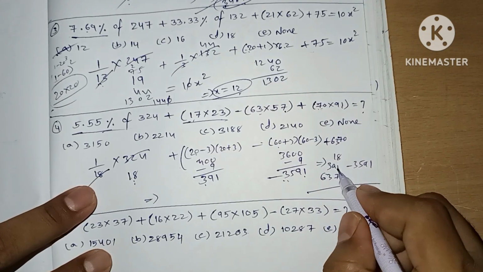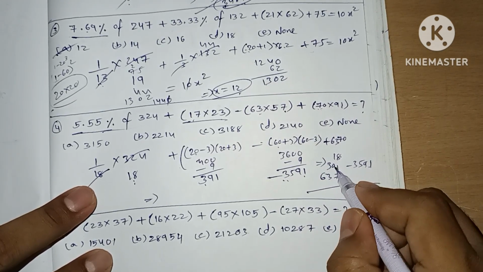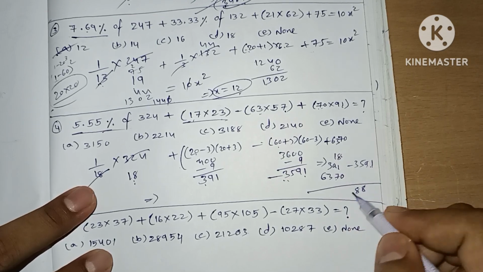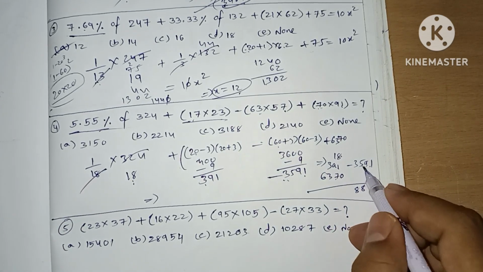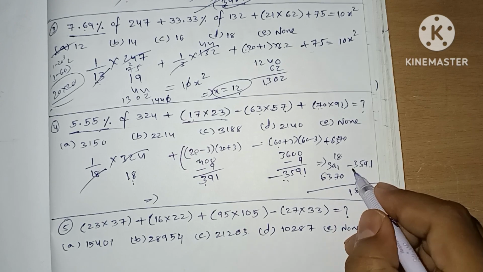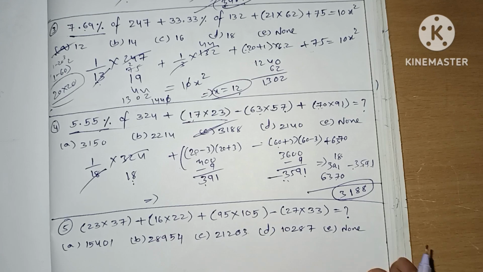So 1 and 1 subtracted, we are left with 8. 9 and 9 subtracted, we are left with 8. 6, we subtract 5, we are left with 1. 6 minus 3, we are left with 3. So the answer will be 3188. Option C is our answer.